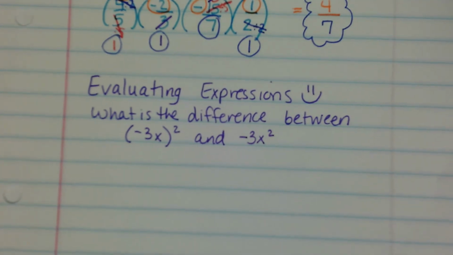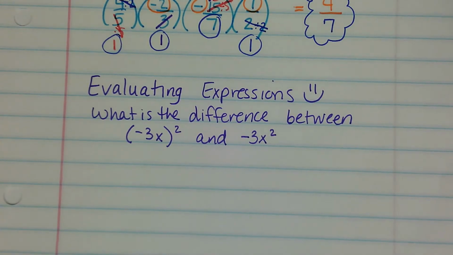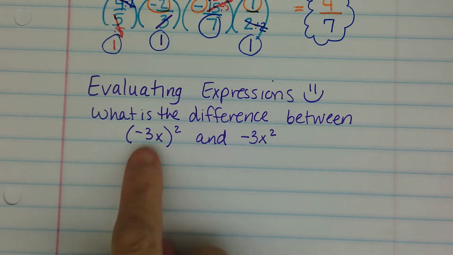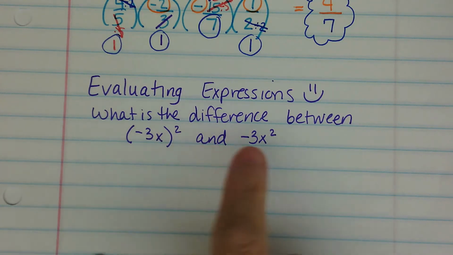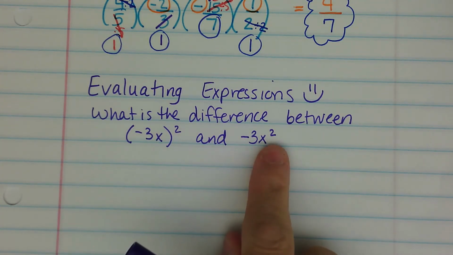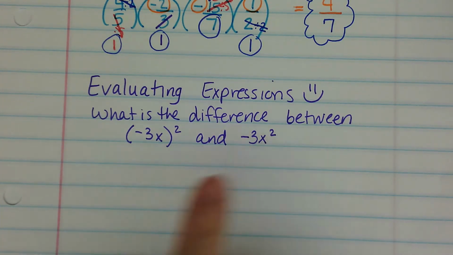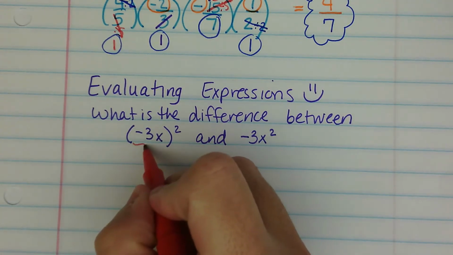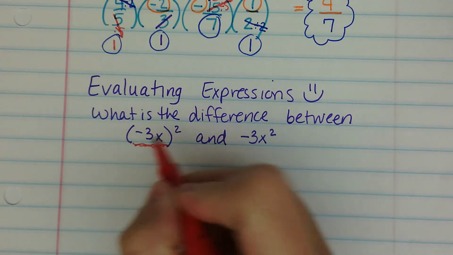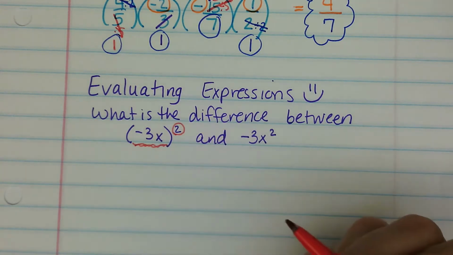What do you see? The one thing that I see, the difference between this expression and this expression, because they're said the exact same way, is the fact that this one has parentheses. And parentheses mean everything. Parentheses mean that all this junk on the inside has to be repeated twice.